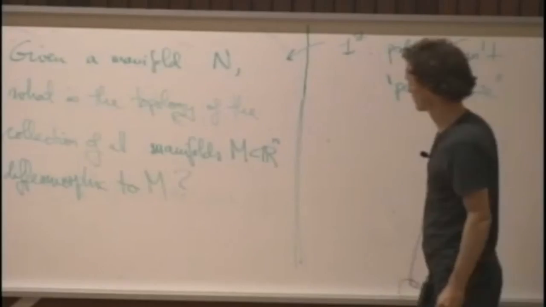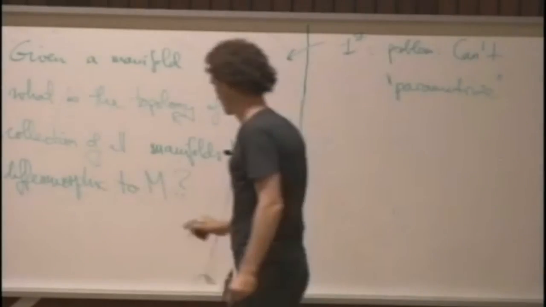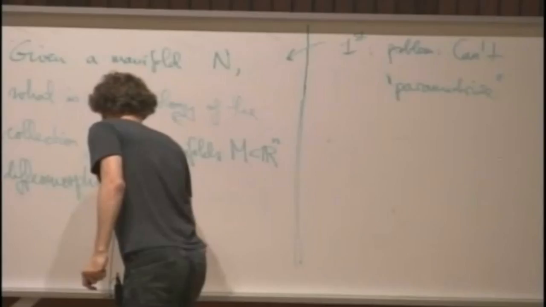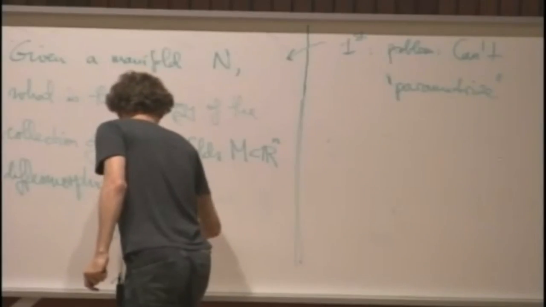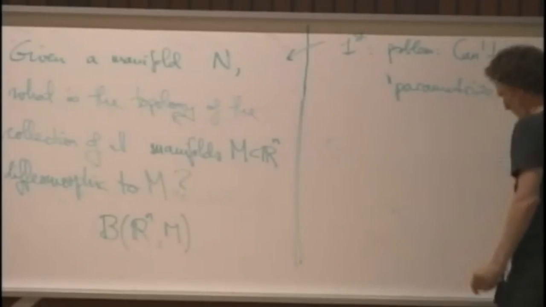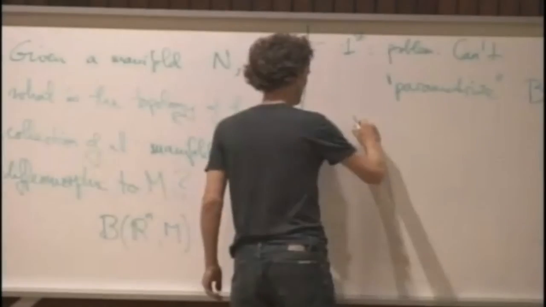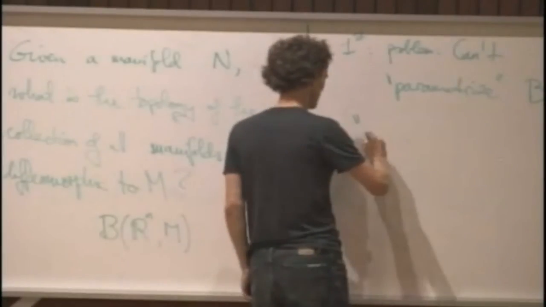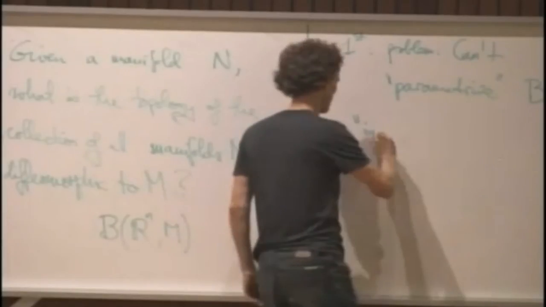I didn't give this a name, but maybe in this lecture I'll call it B of R^n, comma M, in analogy with the usual notation for configuration spaces. In any sense, this collection will be infinite dimensional.